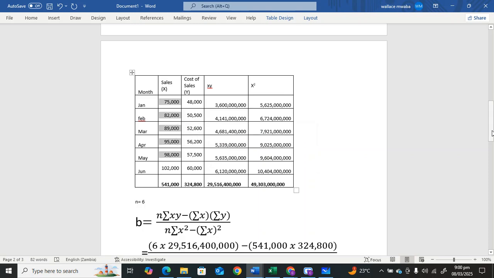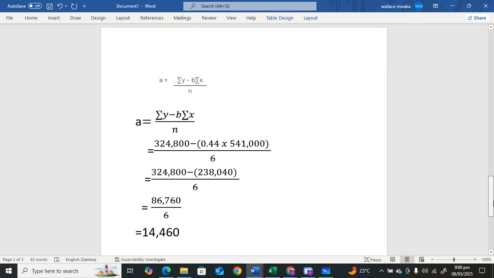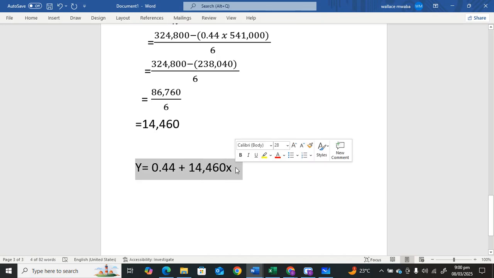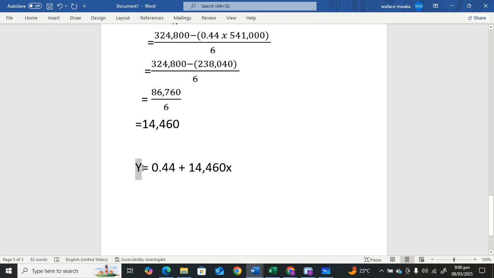If we have sales of 50,000, what cost of sales are we going to incur? So this is our cost equation showing the relationship between cost of sales, which is y, total cost of sales, and x, number of sales. Any questions?